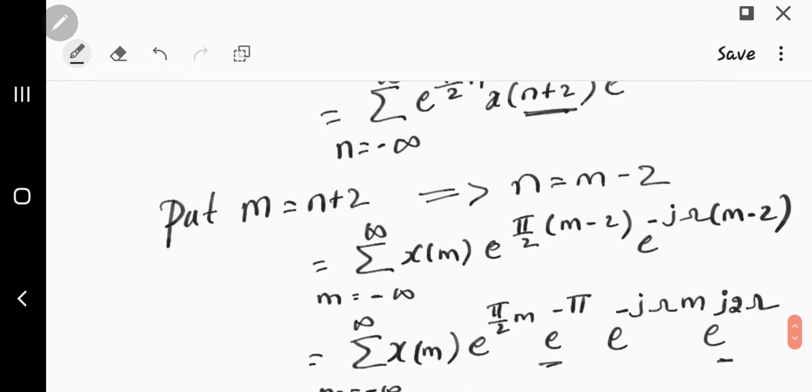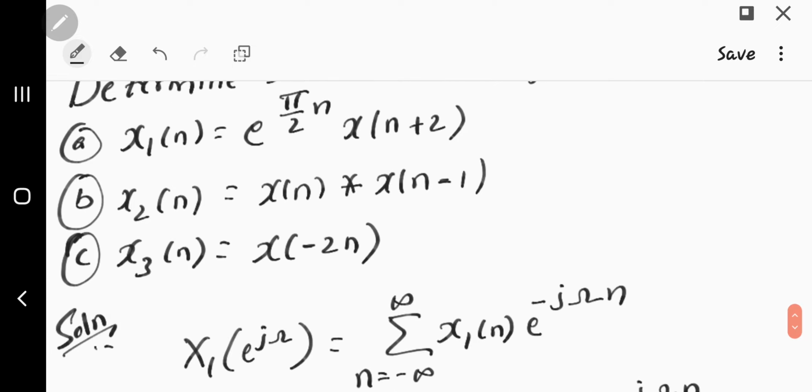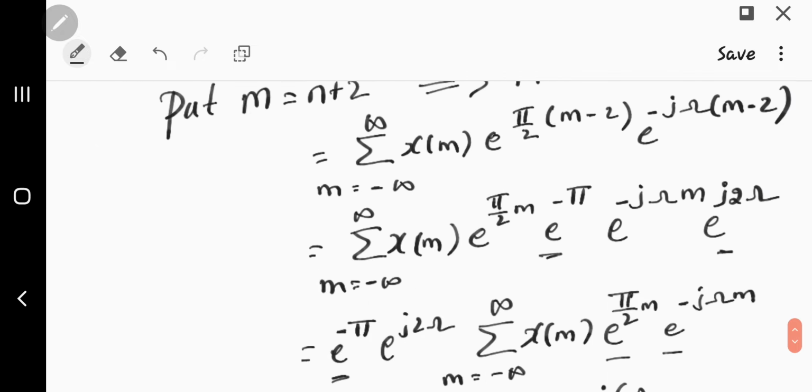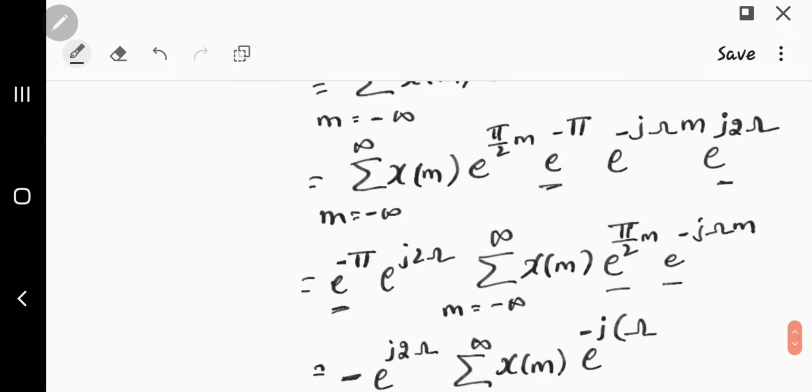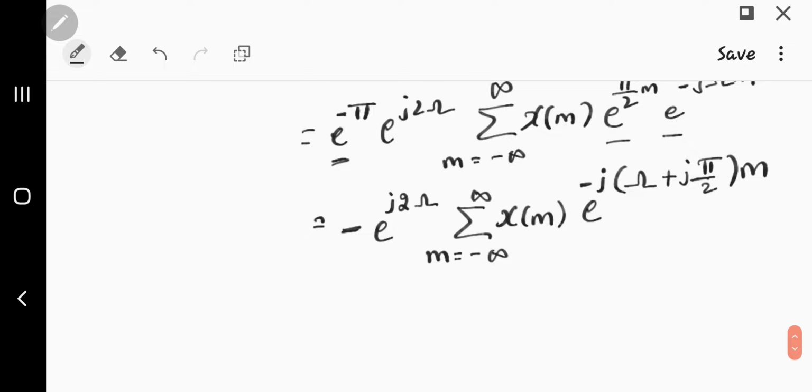Yes, okay, j2 omega. Yes, okay. So omega plus j pi by 2 into m here, as j j will get cancelled, so we get j square minus 1, minus 1 plus.